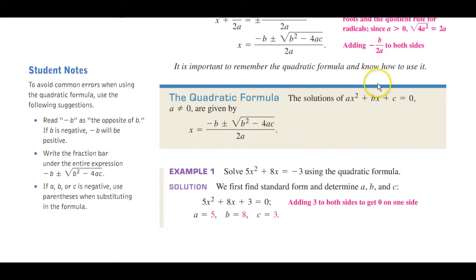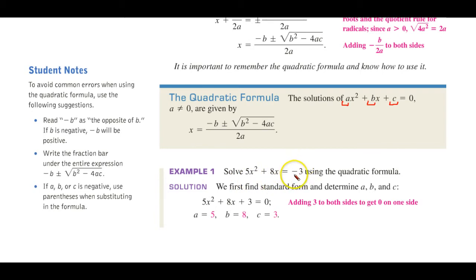Now, as you do the quadratic equation and put it in standard form, you get a value for A, you get a value for B, and you get a value for C. And it must be in this form to get the proper values, because that's how it was used when they solved to get the quadratic formula. So one of the first things we have to do is put something like this in standard form.